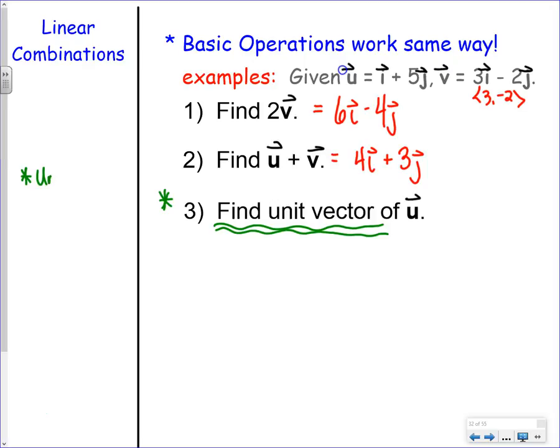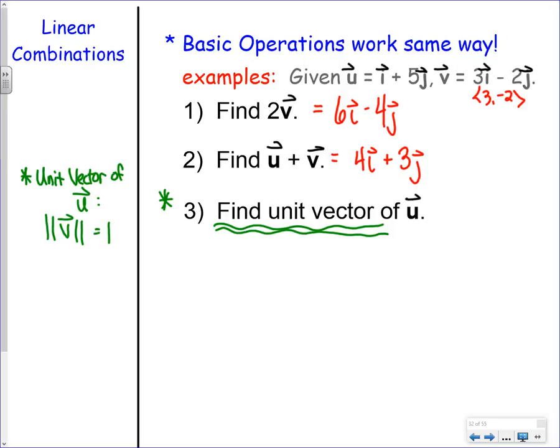Finding the unit vector. If we want to find the unit vector, that means we need to have a length of 1. We need it to have a length of 1.